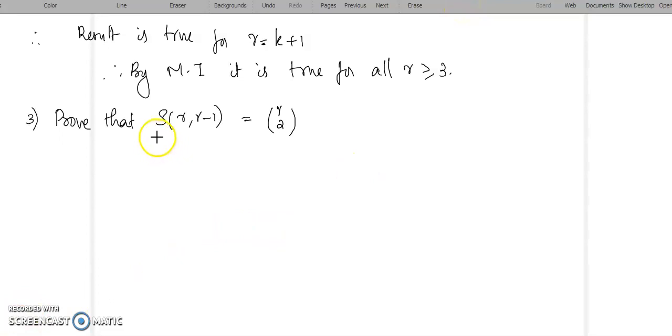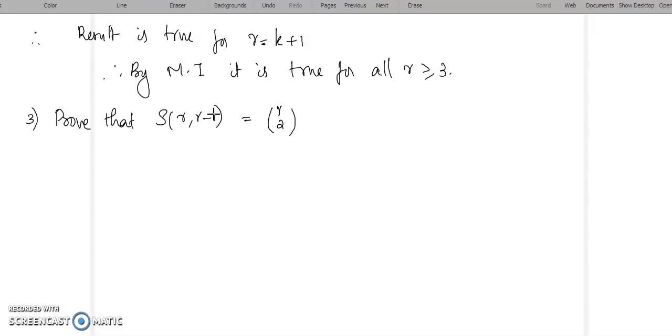Now the next result is to prove that S of r, r minus 1 is equal to rC2. This is the number of ways of distributing r objects to r minus 1 boxes, so no box must be empty. For r minus 1 boxes, r objects must be placed. There will be exactly one box that contains exactly 2 objects.